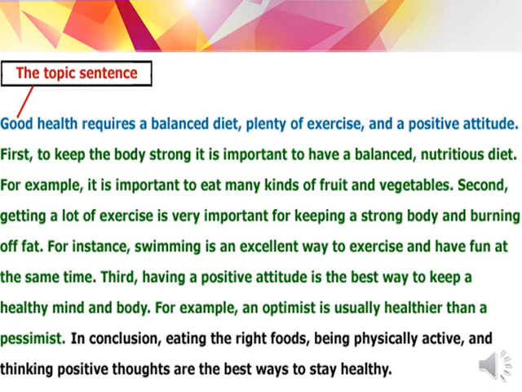For instance, again we're giving an explanation, an example. "Swimming is an excellent way to exercise and have fun at the same time." Okay, we finished everything about exercise. Now let's talk about positive attitude. How will we explain it? "Third, having a positive attitude is the best way to keep a healthy mind and body." For example, "An optimist is usually healthier than a pessimist."